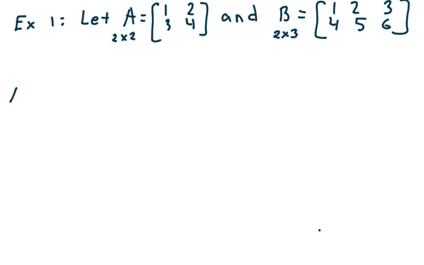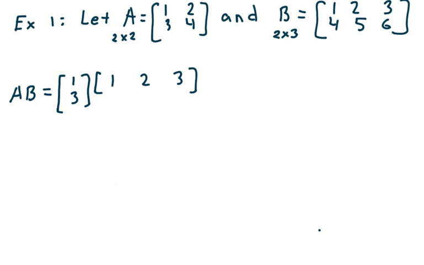Now, let's take a look at AB. I'm going to write the matrix 1, 3 times the matrix 1, 2, 3. Notice, the matrix 1, 3 corresponds to the first column of A. The matrix 1, 2, 3 corresponds to the first row of B.